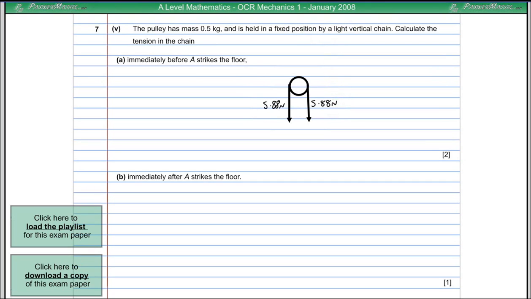It says it's held in a fixed position by a light vertical chain. So the chain is going to provide an upward tension here, which we will call T. We've also got the mass of the pulley, which is going to be a force downwards here, which is going to be equal to 0.5 g.